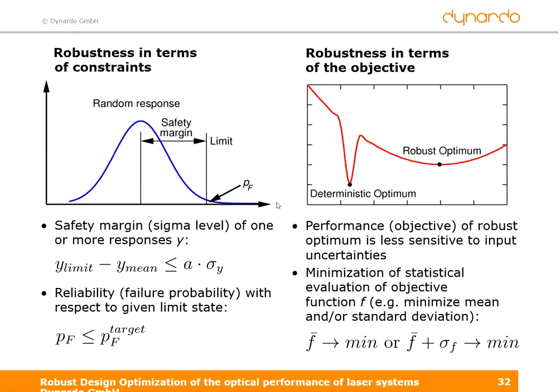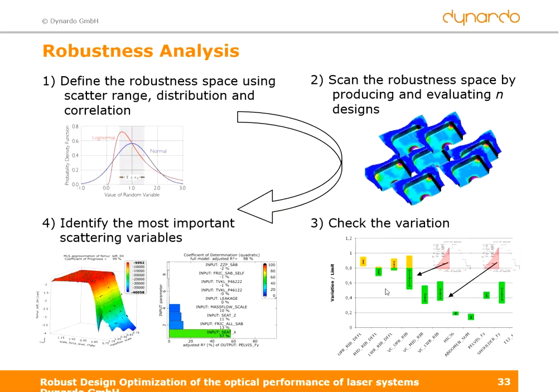So another kind of definition is the robustness in terms of the objective. So you can see here that this optimum is more robust compared to that, because your variation in the x direction will lead to a quite small variation in y direction, compared to here where small x direction based variation will lead to a higher y direction variation. And you can imagine that you can define whatever you like to define your robustness analysis in optiSLang.